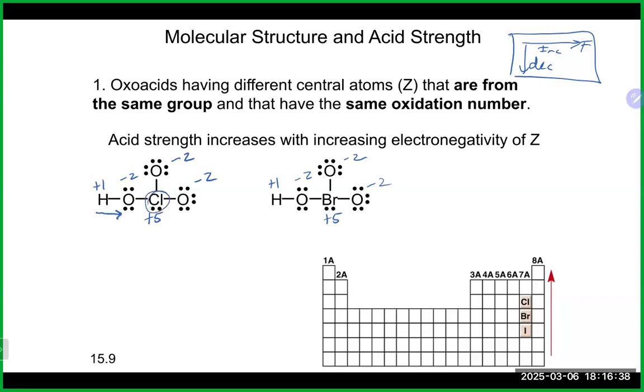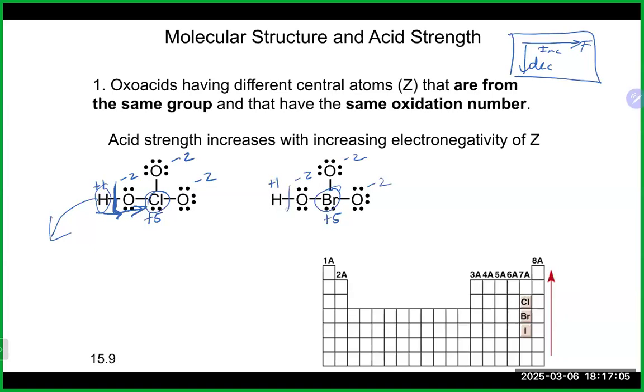We now have this one with the higher electronegativity, which is going to keep bringing those electrons in closer to the central atom. That is going to continue to weaken this bond and allow the hydrogen to come off much easier than in this situation, because the bromine is not going to pull the electrons in as close to it as the chlorine will, because it's less electronegative.